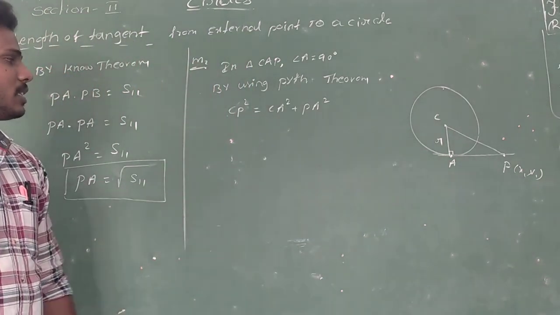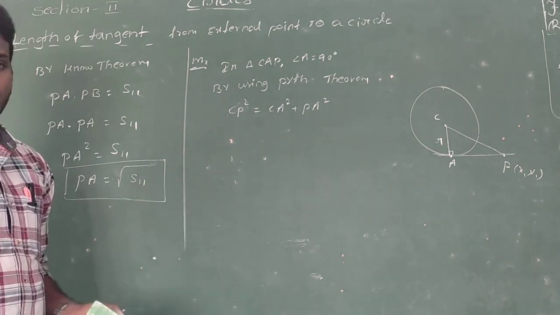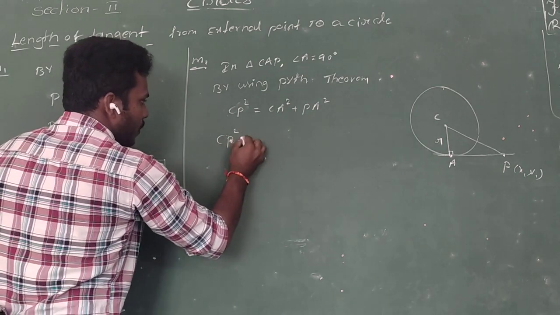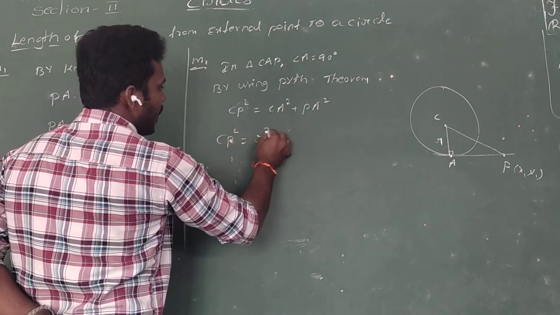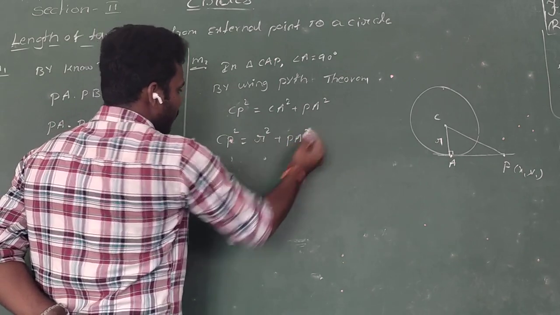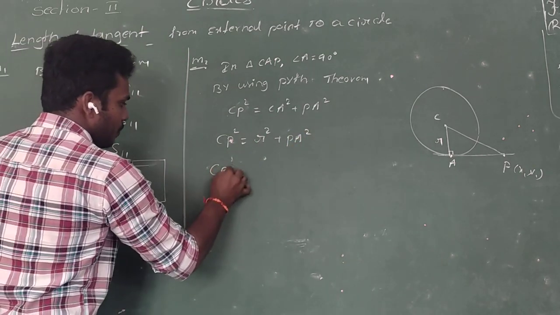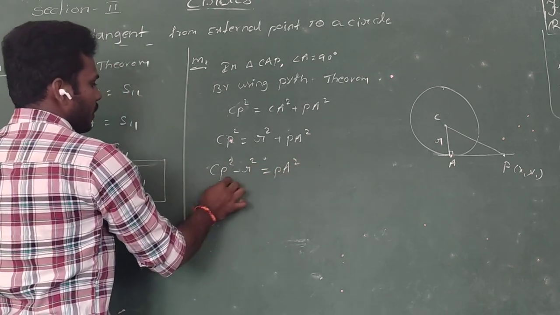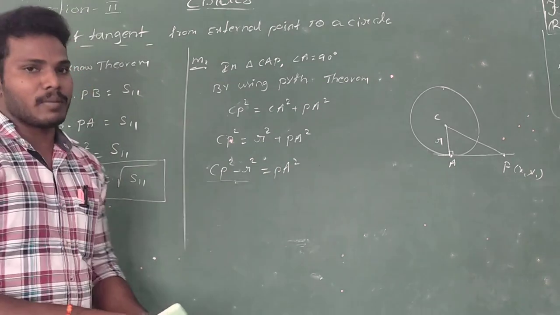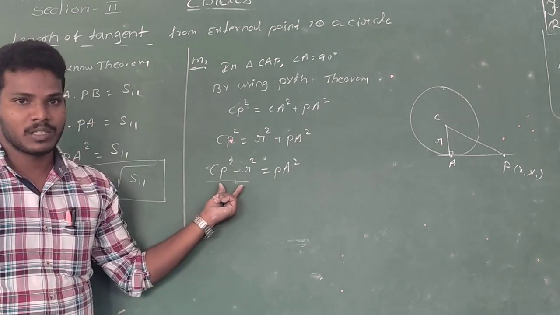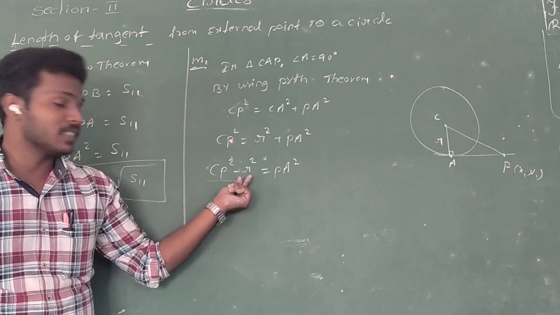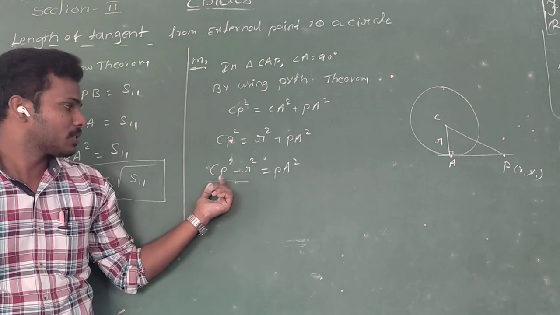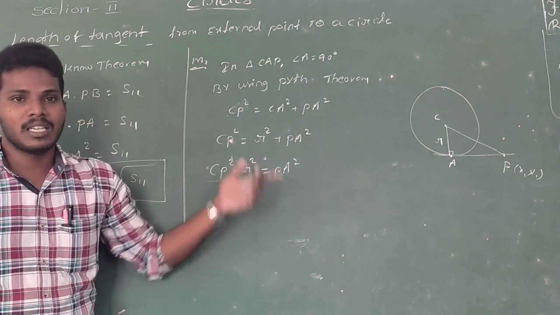CP square equals CA square plus PA square. Now CA square is the radius R square. Shifting this side, CP square minus R square is equal to PA square. We know that CP square minus R square is the power of the point, which we defined at the start, S11.